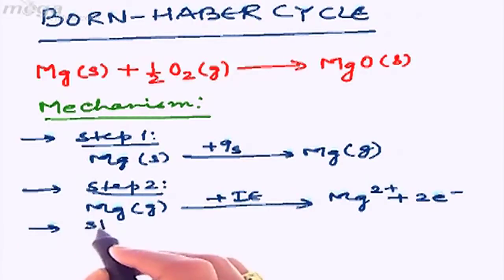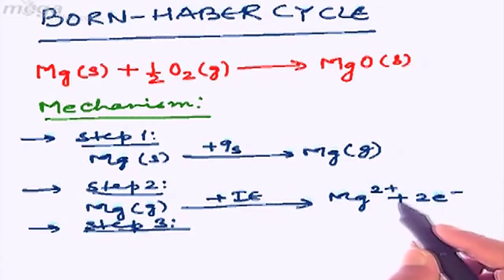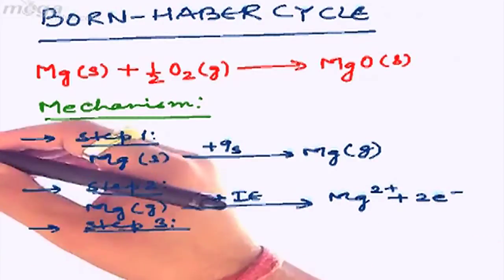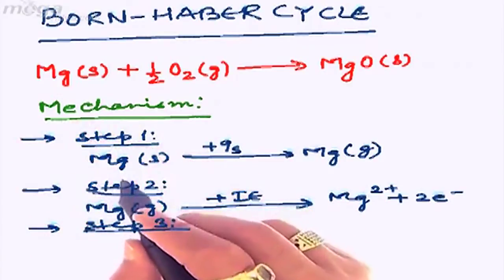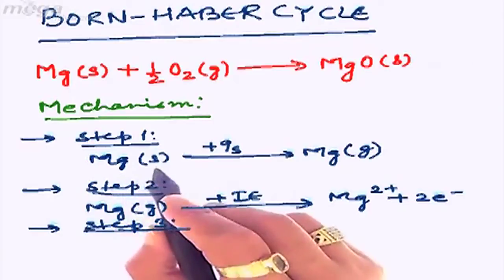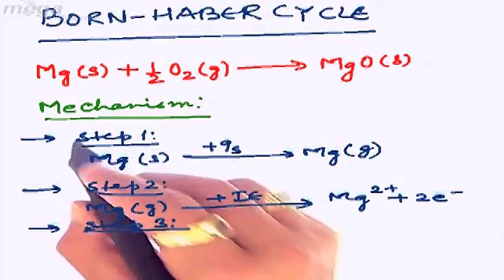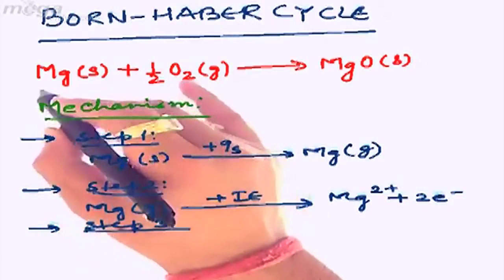Now in the third step, oxygen will gain the 2 electrons obtained from the valence shell of the magnesium atom. But, student, we have discussed in the last section that electrons can only be added or removed when the atom is gaseous and has an isolated existence, meaning it should be in an uncombined state.